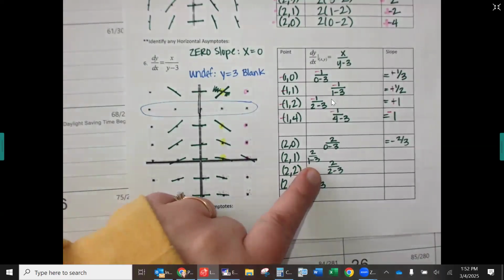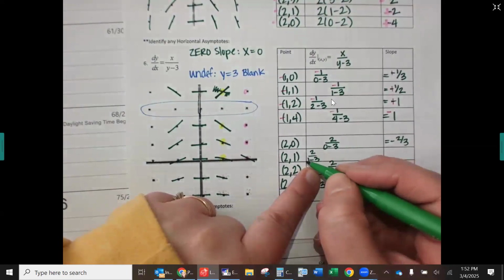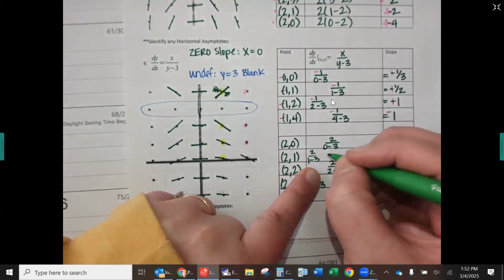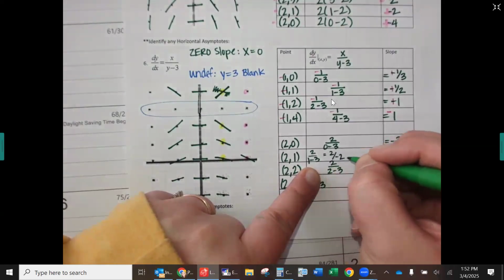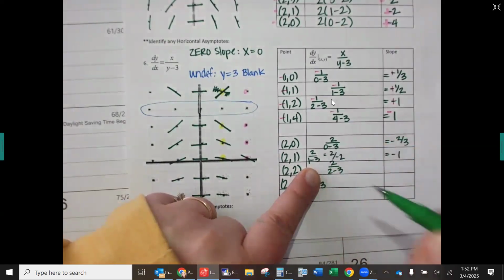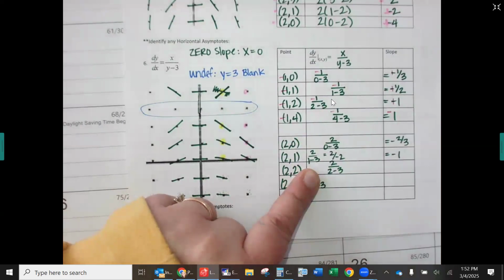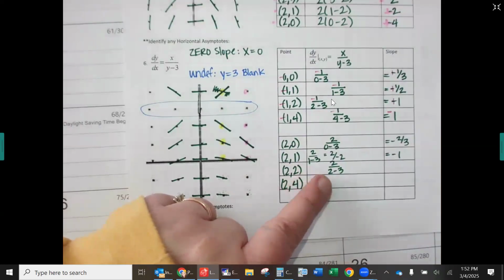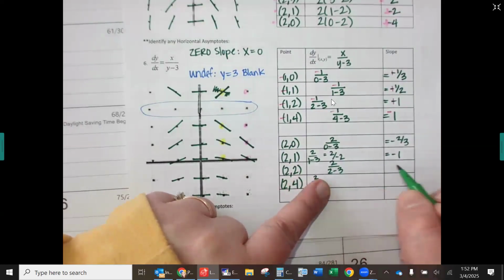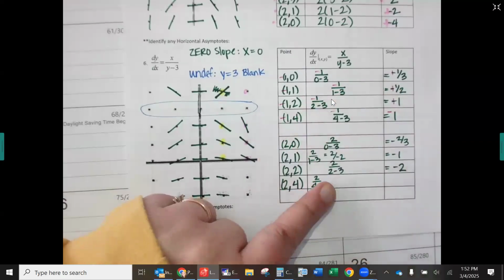Okay, 2 over 1 minus 3 is going to be 2 over negative 2, which is negative 1. So this should be a perfect downhill. Next one, 2 minus 3 on the bottom is a negative 1. Divided by 2 is going to be a negative 2, which means that one should be steeper.